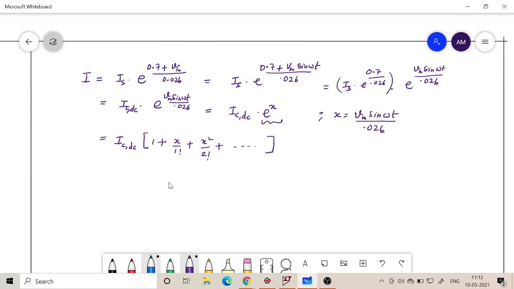So let's try to do that. What should be the condition for neglecting x square and all other higher order terms? When x is sufficiently small. So let me write that.